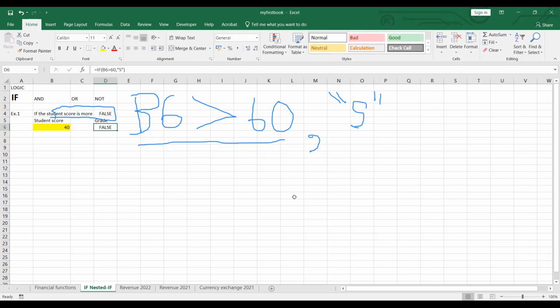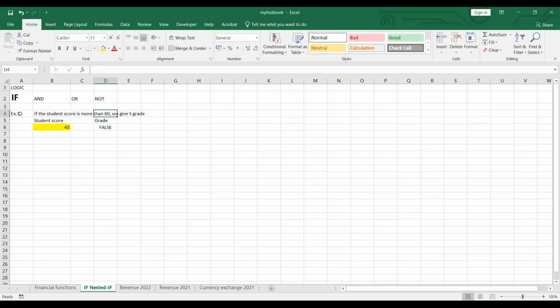So that's why you'd better find out what we should do if that person doesn't get more than 60. In this one, we found that when the student grade is not more than 60, we get U instead.